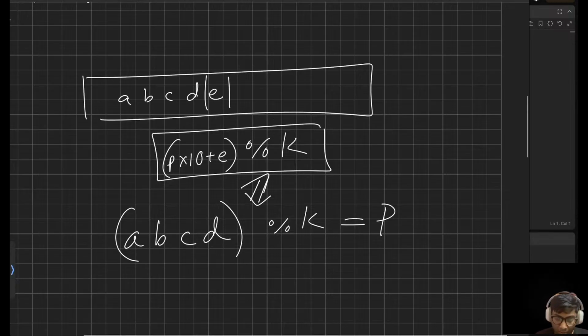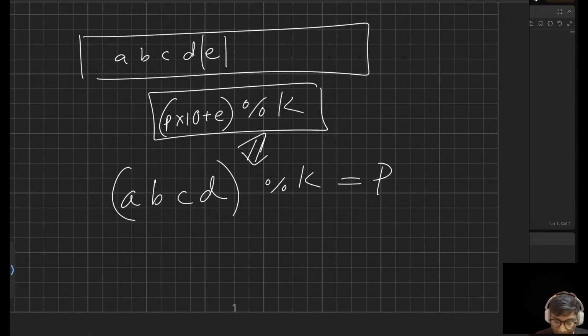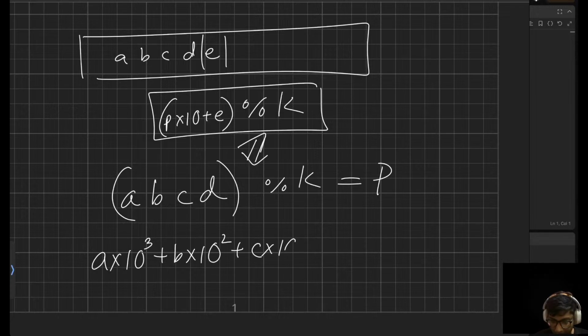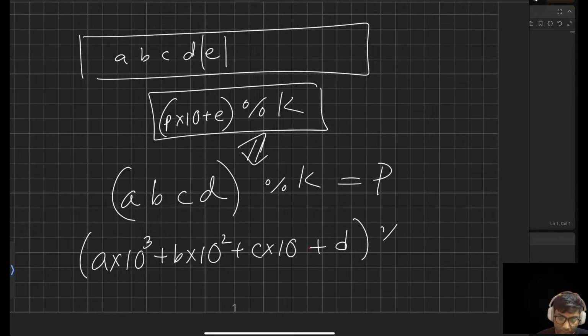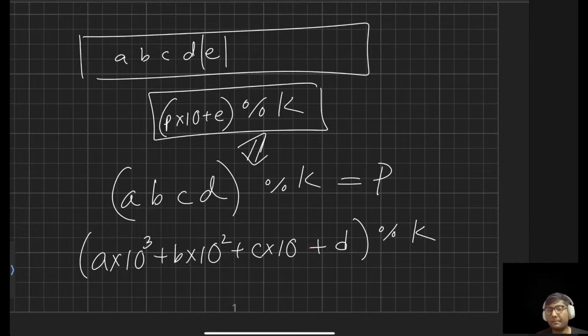Okay, so let's say it will be a into 10 to the power 3 plus b into 10 to the power 2 plus c into 10 plus d modulo k, and we know that this is p.